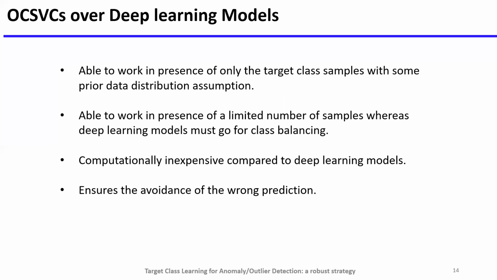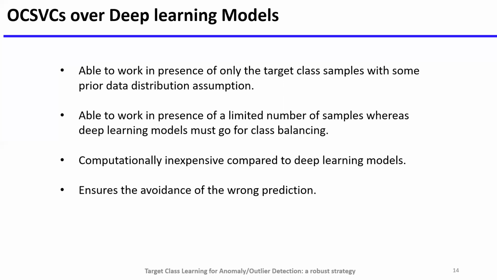But if you talk about one-class support vector classifiers, they are able to work in the presence of only target class samples, with some prior assumption of the data distribution. It is not always important that we look for accuracy, because no doubt deep learning models learn the features very well compared to conventional models.